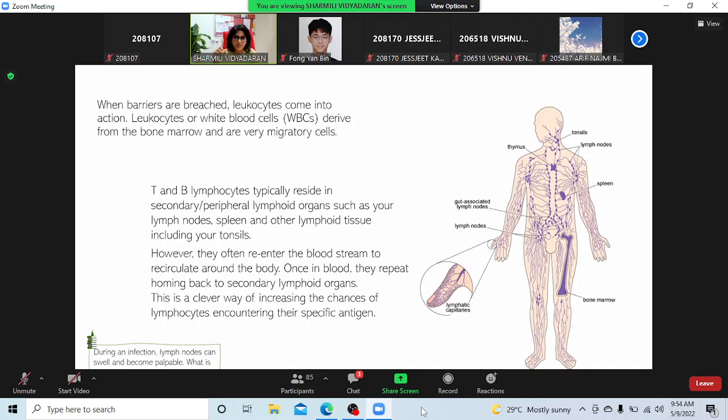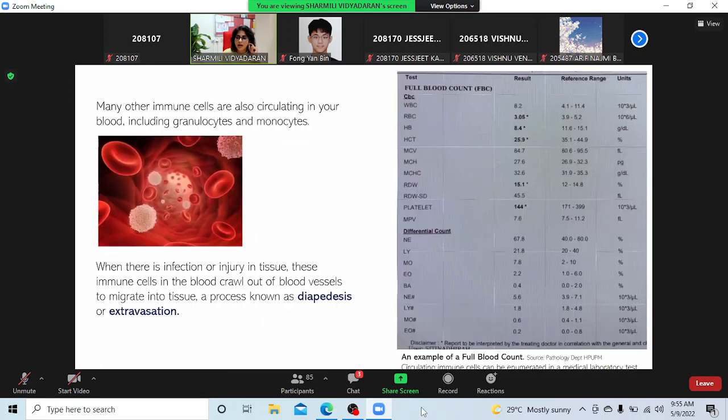Can anyone tell me what cells make up lymphocytes? Abhirami, are you here? Abhirami, are you here? Yes, Dr. Andrew. Okay, good. So you don't have to look up the answer, because if you get it wrong, then I think you'll get a trigger. Oh yeah, what I thought was wrong and now I know it's right.